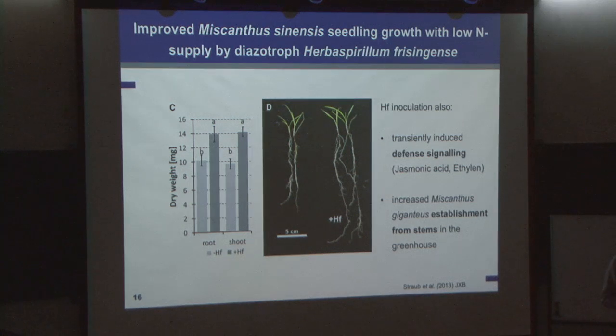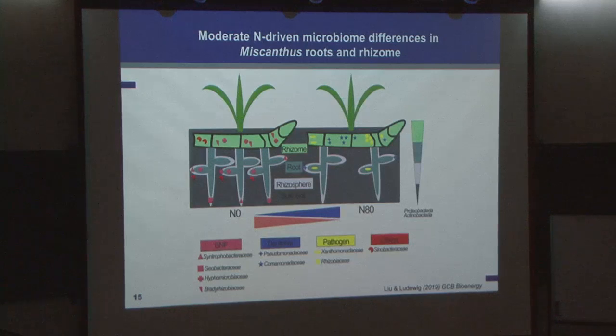Okay, so these are relatively recent data, but we have worked on Miscanthus for much longer, and when we started, we searched in the literature whether there are already some diazotrophic bacteria. Diazotrophic means nitrogen-fixing bacteria known to be associated with Miscanthus.